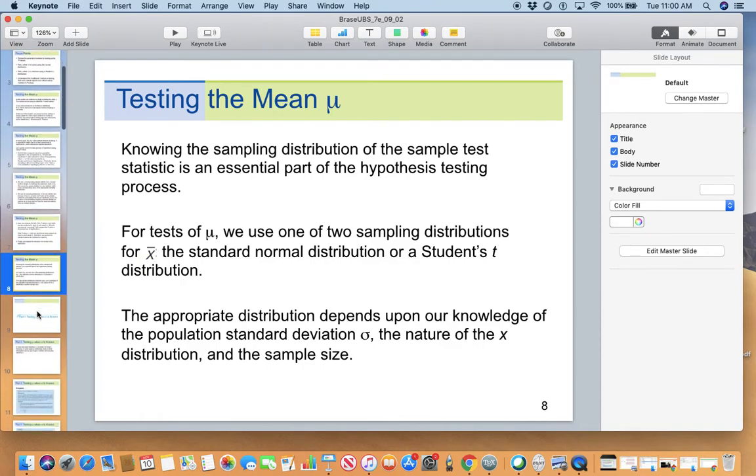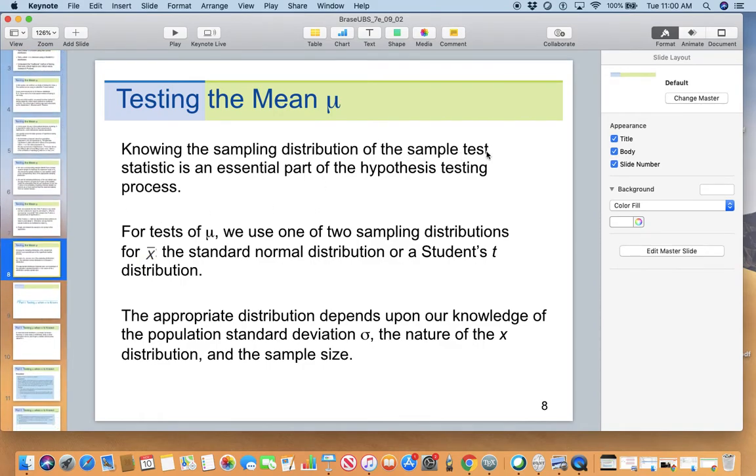Knowing the sampling distribution of the sample test statistic is an essential part of the hypothesis testing. Okay, so you need to know the sampling distribution of the sample test statistic. For tests of mu, we use one of the two sampling distributions of x bar, the standard normal distribution, or a student's t distribution.